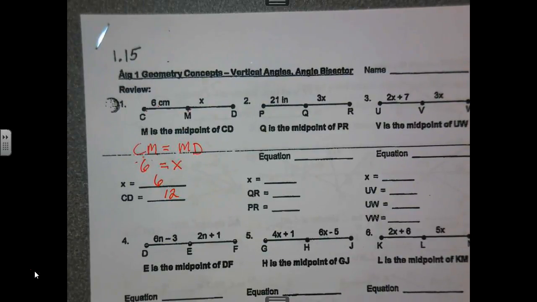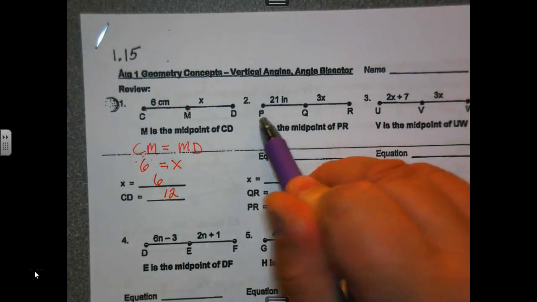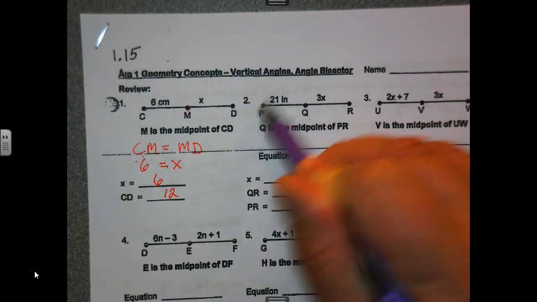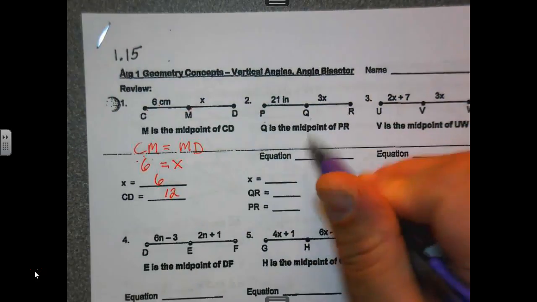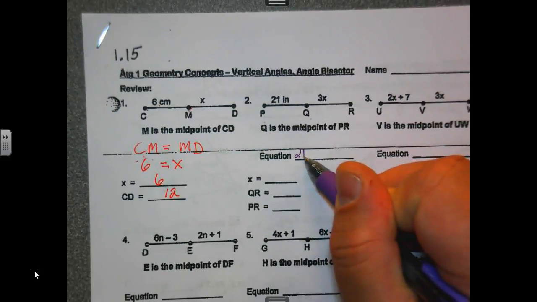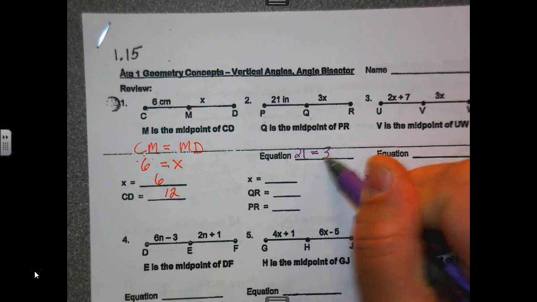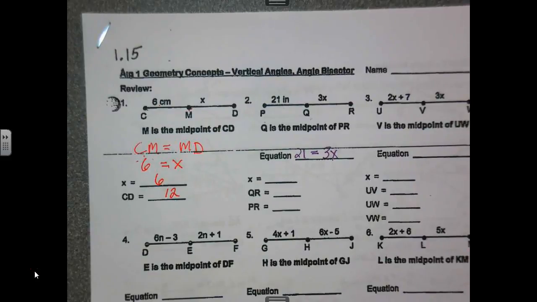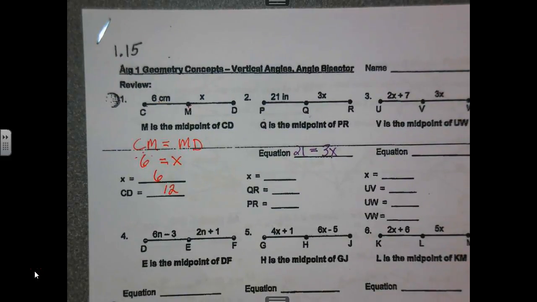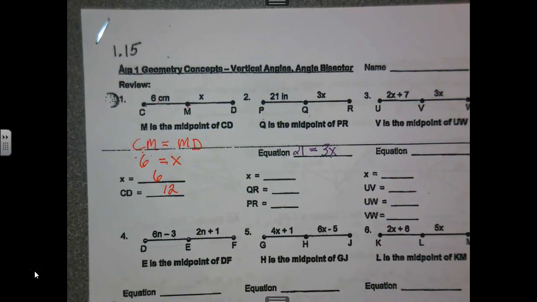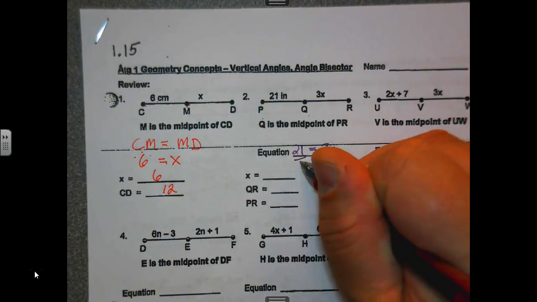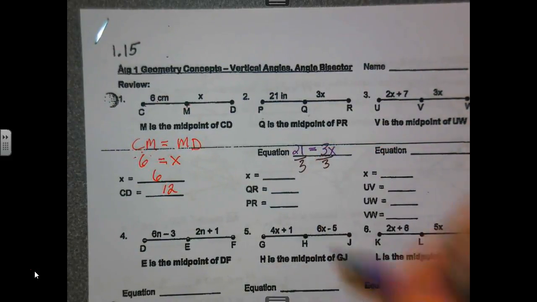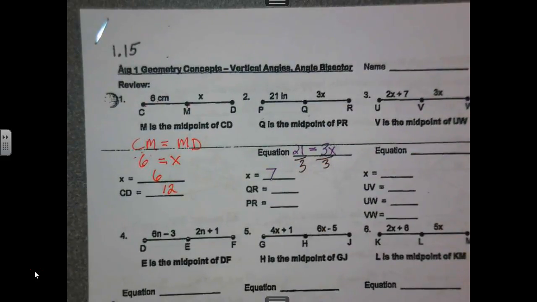Okay, number 2. PQ plus QR is going to equal PR. So 21 is going to equal 3x, because it's the midpoint. Divide by 3, what do you get? Good. x is going to equal 7. What's the distance of QR?